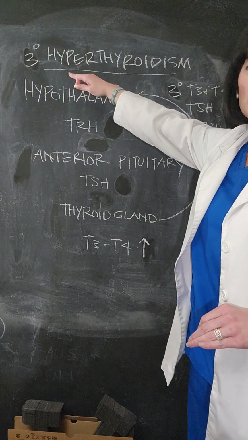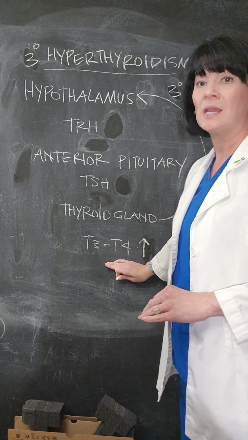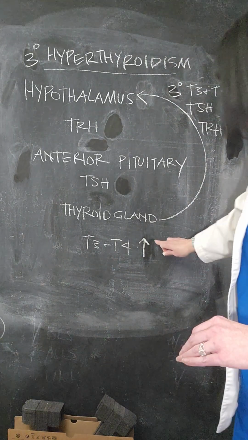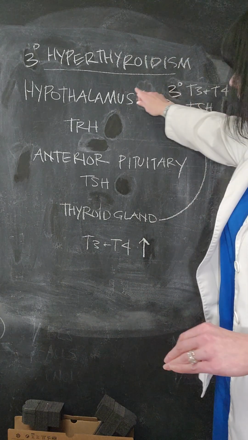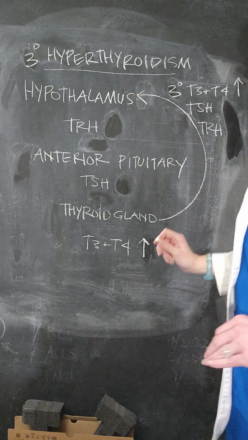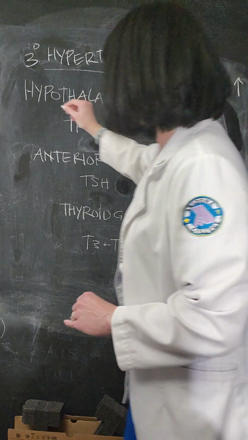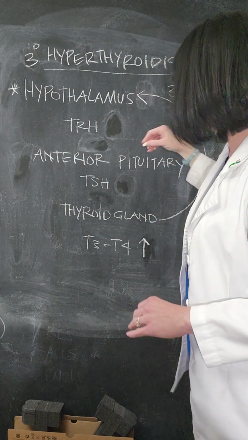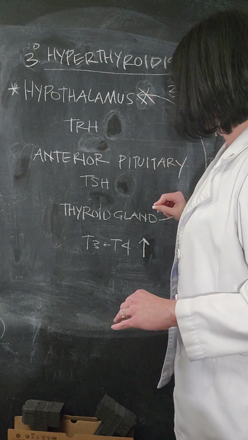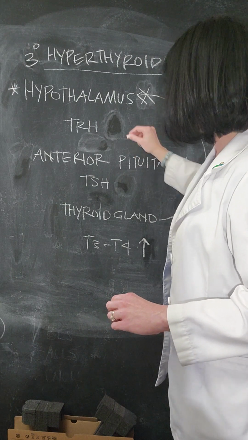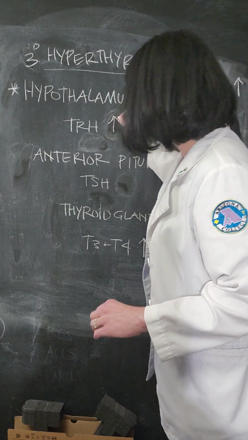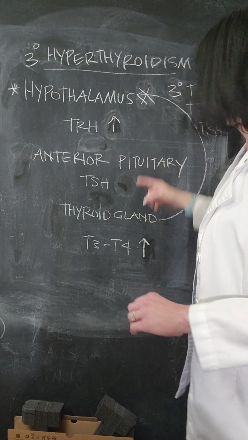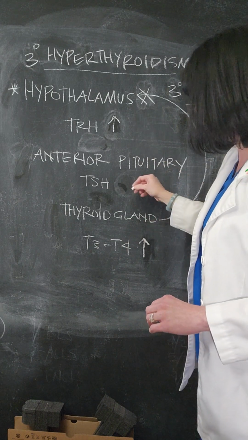So again, in our tertiary hyperthyroidism, T3 and T4 will always be increased. Negative feedback from the thyroid gland is sent up to the hypothalamus. Because the problem is actually here in the hypothalamus, normally it should decrease TRH, but that mechanism is not working. So in this case, TRH ends up being released from the hypothalamus, which acts on the anterior pituitary.